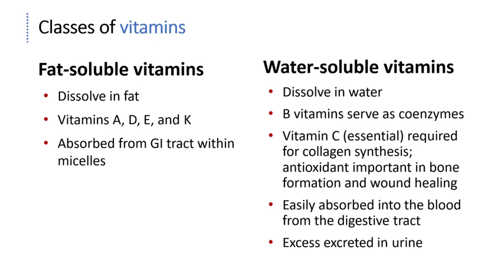So take, for example, B9, folic acid. This is necessary for proper formation of the nervous system in the embryo, in the fetus. And so if a pregnant mother is deficient in folate or folic acid, then you can end up with something called neural tube defects in the fetus.